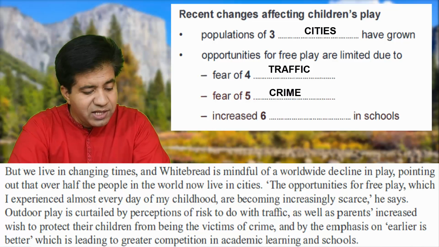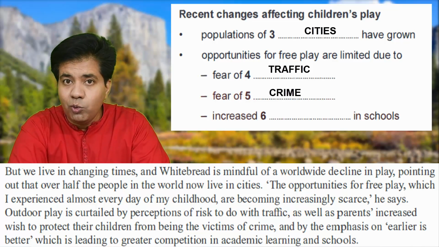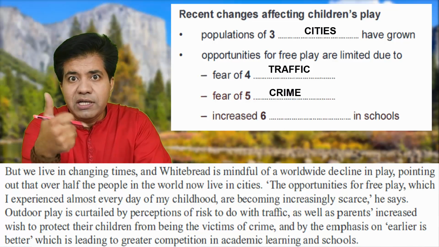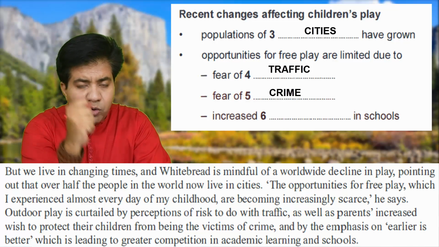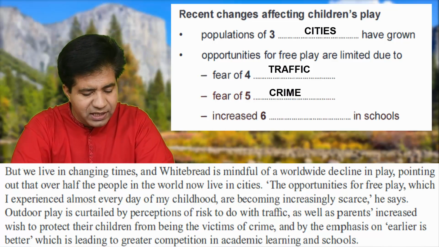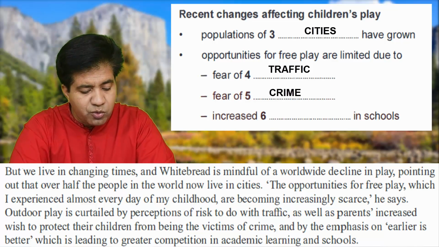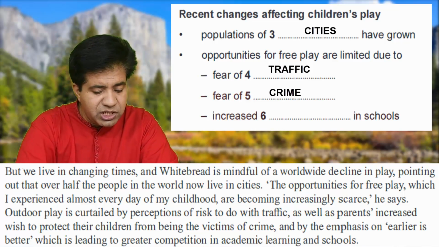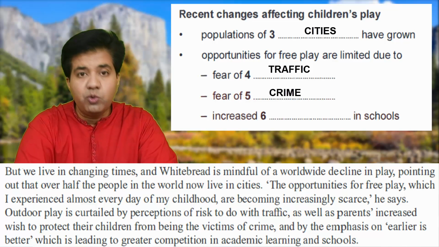Clear? Now next is increased dash in schools. Something increased in schools. Now one word only. School is the clue word. First go to school and then see what is increased in schools in the same paragraph. Then they say, and by the emphasis on earlier is better, which is leading to greater competition in academic learning and schools.